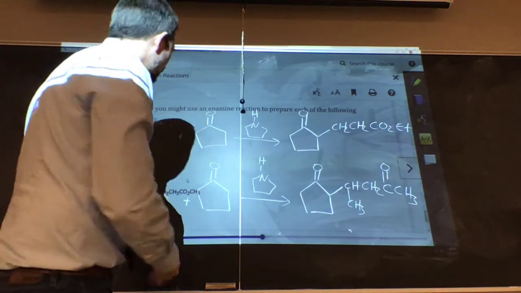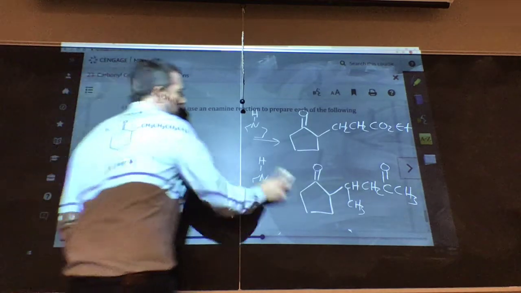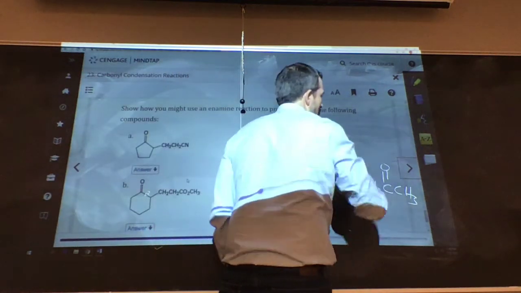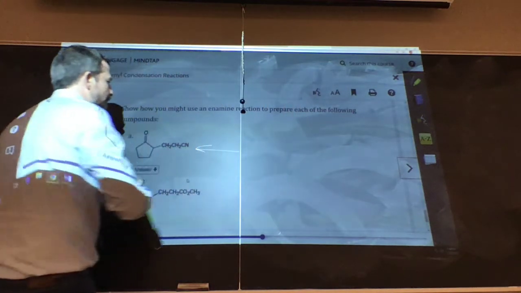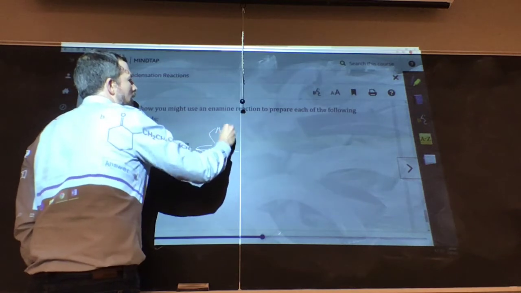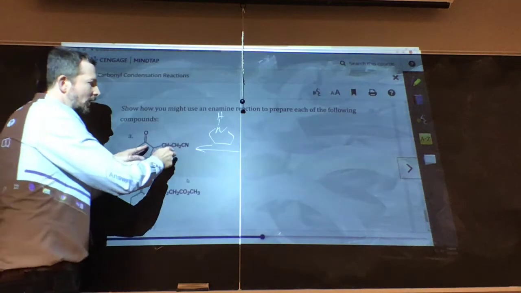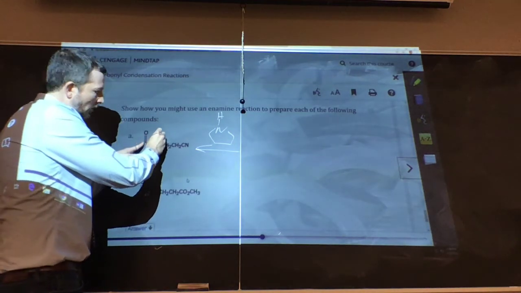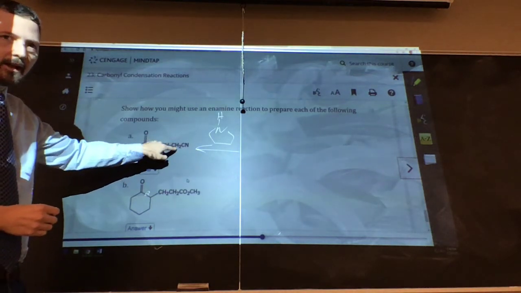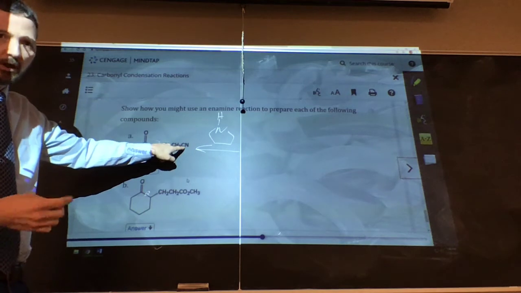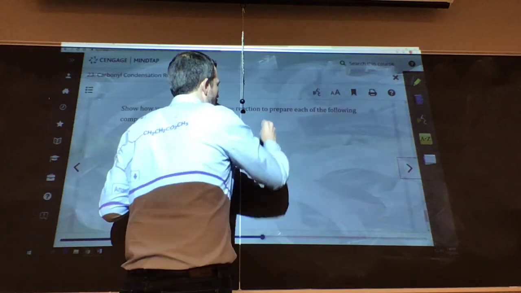Problem 20 is going the opposite direction. You're given the product, and you have to show what you started with. Same concept though. Here I have a carbonyl compound that I could use. Now here's a beta, alpha, and then a nitrile, so that also works for my Michael acceptors.